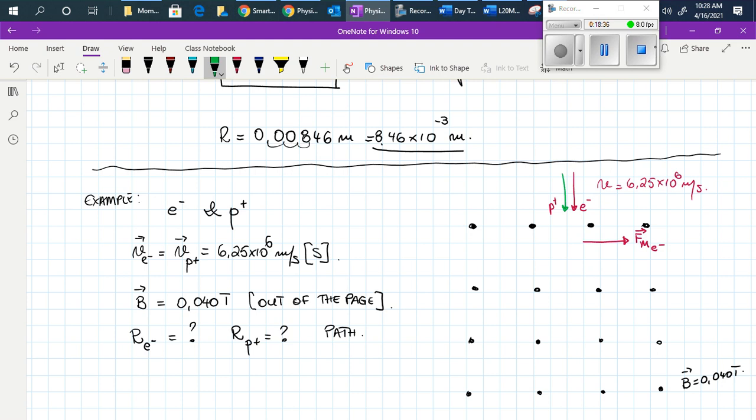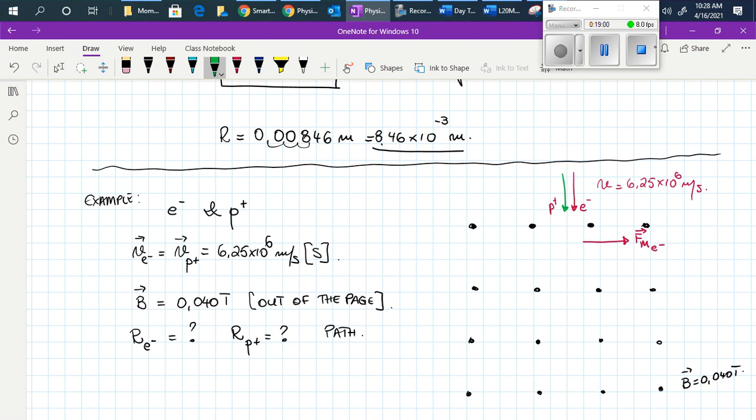Now, if we apply the left-hand rule for the proton, we have a positive charge entering south. So the thumb will be switched, if we are using the left hand, so we'll go north.